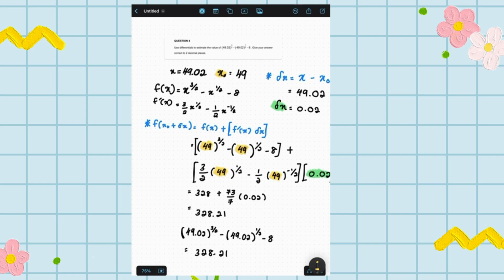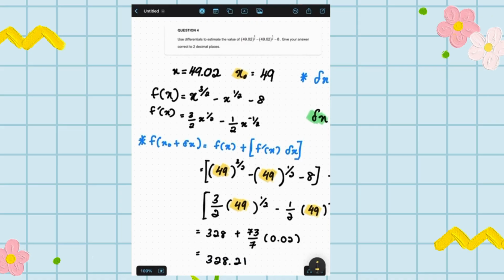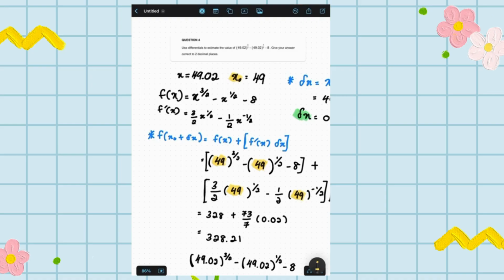And we differentiate our function, that is we get f prime x equals 3/2 x^(1/2) minus 1/2 x^(-1/2). To differentiate this function, we multiply by the number in front and minus 1 from the power, and we get the derivative function of this question function.